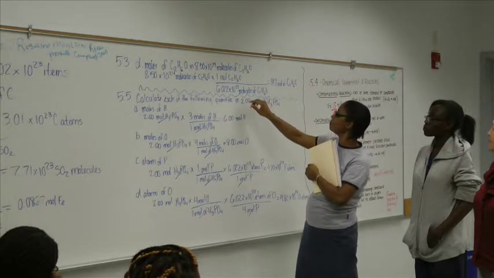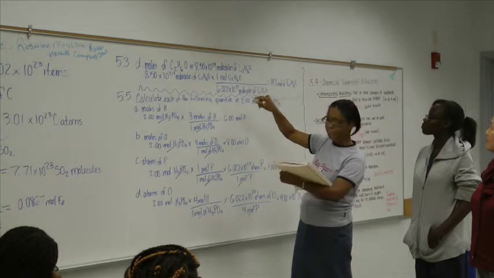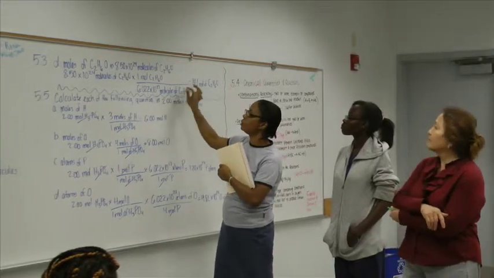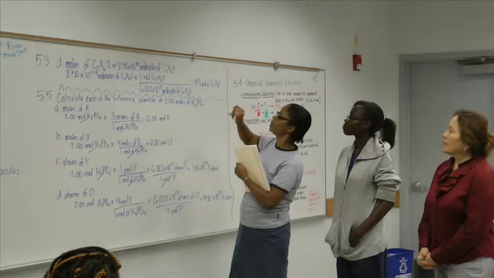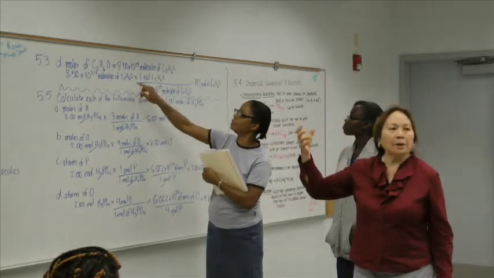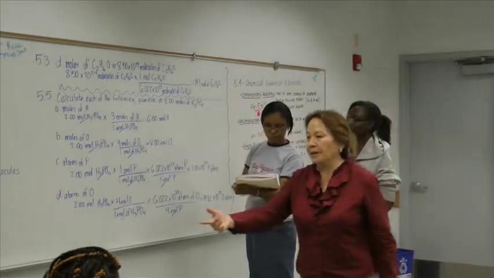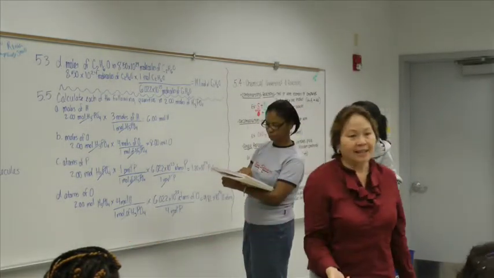This one is divided by, because they asked for moles, I think. We want to give the answer in moles, so you convert it. Can you do one in your calculator and see what your calculator spits out?